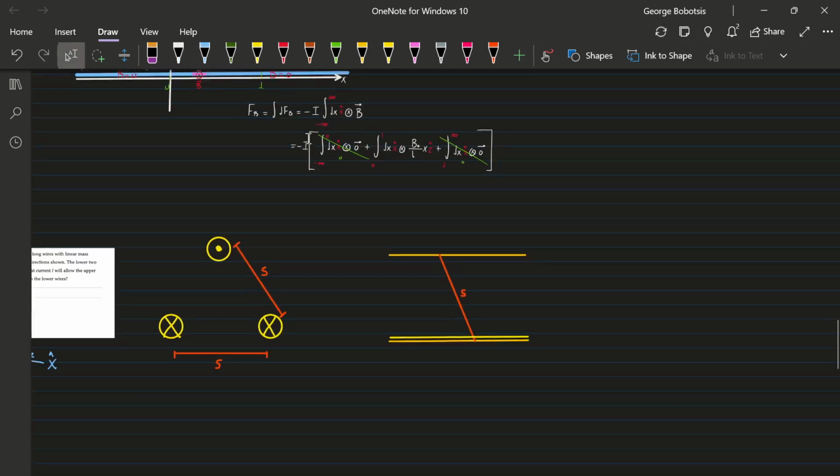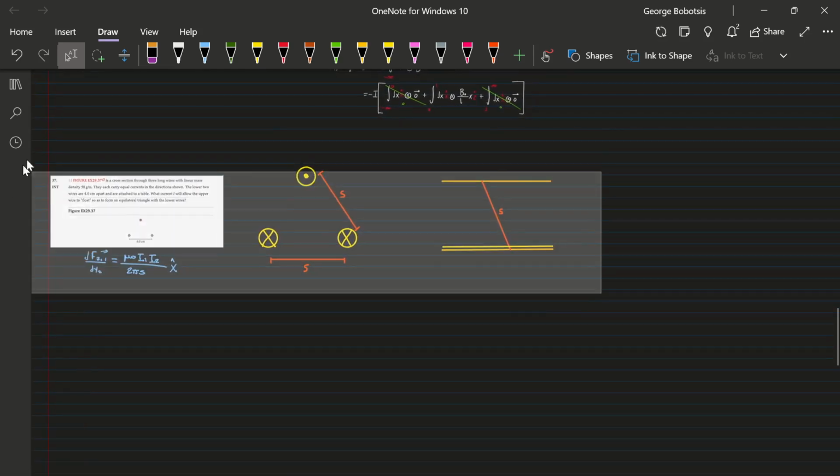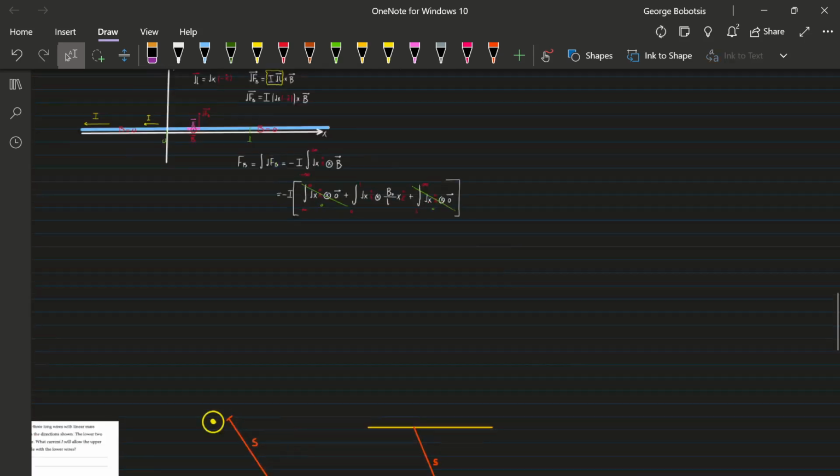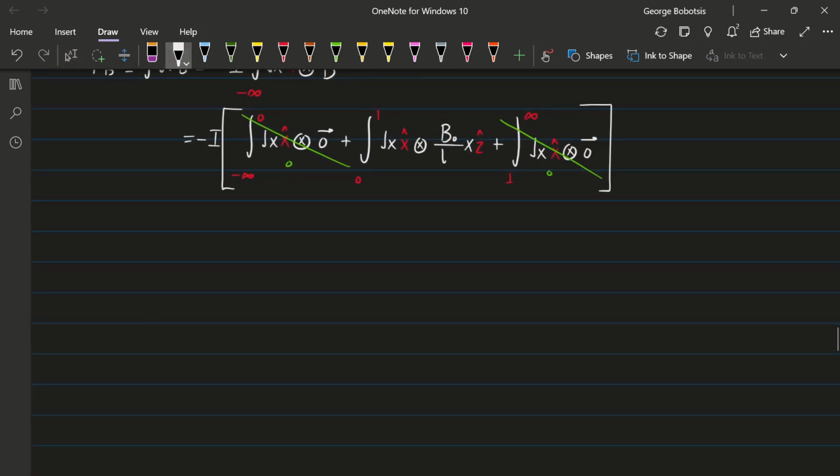So at the end of the day, I do want to give it a little more space. You have to do this integral. Doing the cross product, we will use a right-hand rule again. We have negative I, pull out the constants, B naught over L, and then you have x dx from 0 to 1, and then you're crossing x hat with z hat.